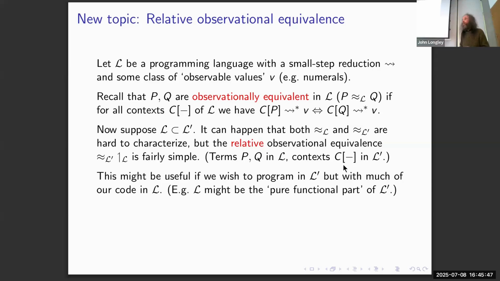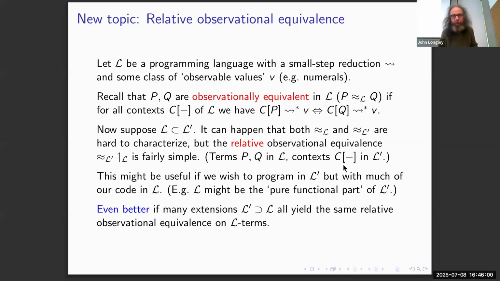So you might be interested in whether we can characterize observational equivalence for L programs with respect to contexts in L prime. And what's even better, if many different extensions L prime of the same language L all yield the same relative observation equivalence on L terms, that might mean you think this observation equivalence is really worth studying. We don't have to study a different observation equivalence for every L prime we consider.